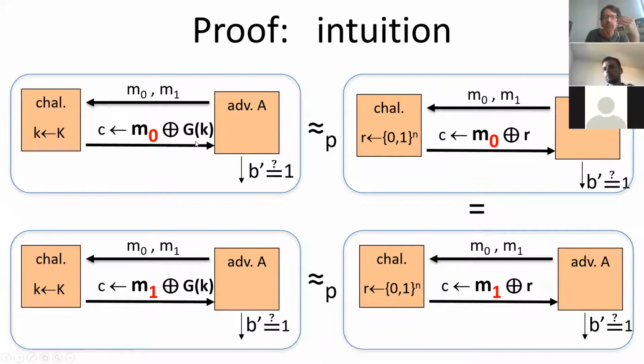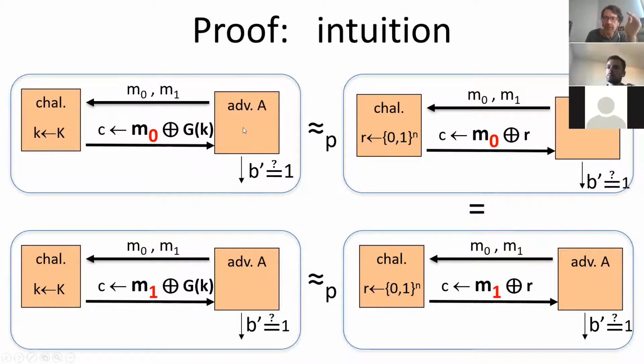I said, look, if some attacker distinguishes M0 XOR G(K) from M0 XOR R, then the only way to do it is somehow to distinguish G(K) from R. These last few slides were a formal exhibition that that's the case.